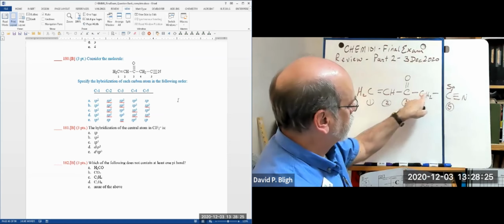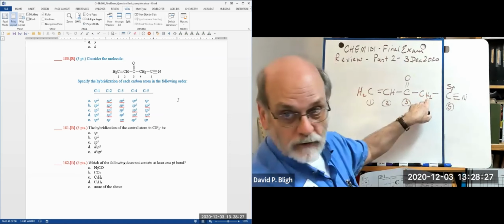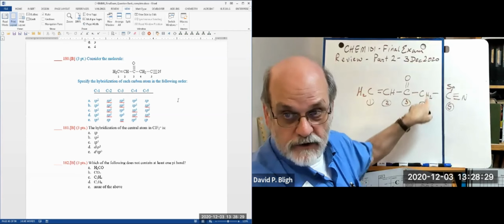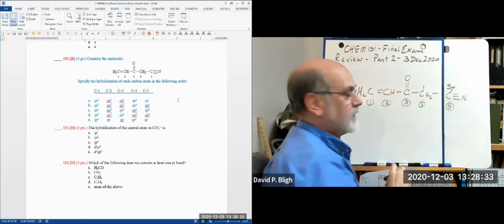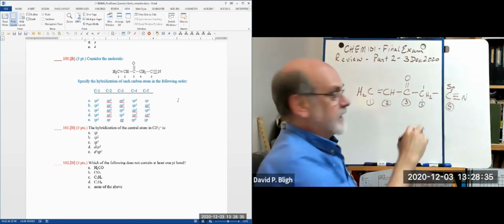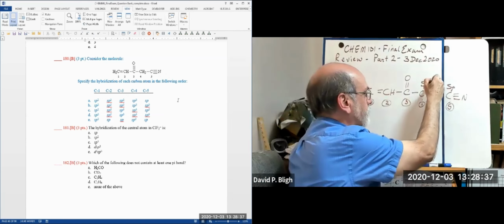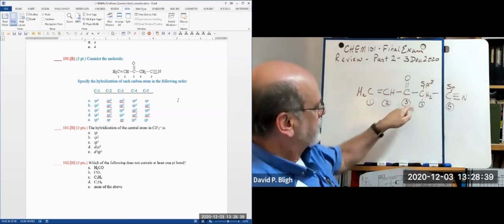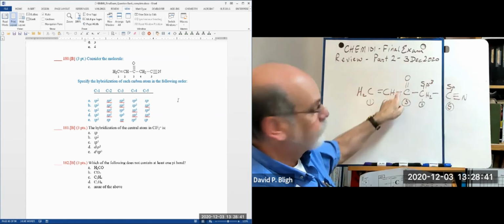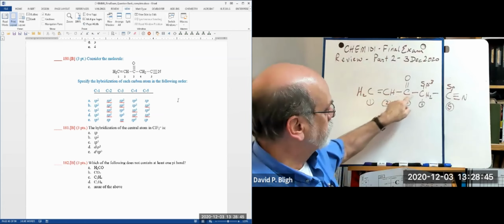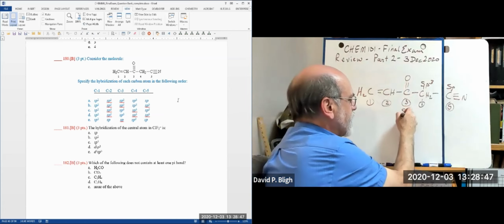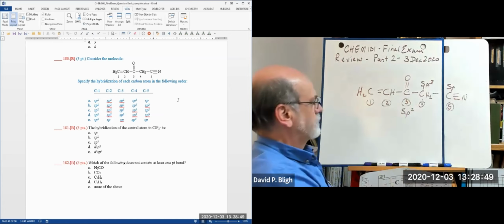This one is 1, 2, 3, 4. Those two hydrogens are separate on either side. So 4 means sp3. This one has 4 bonds, but it only has 3 electron groups. 1, 2, 3. This is sp2.